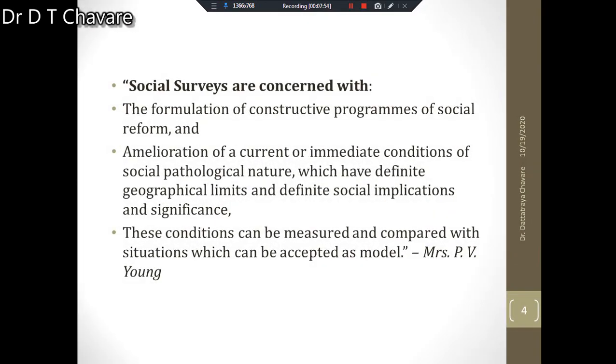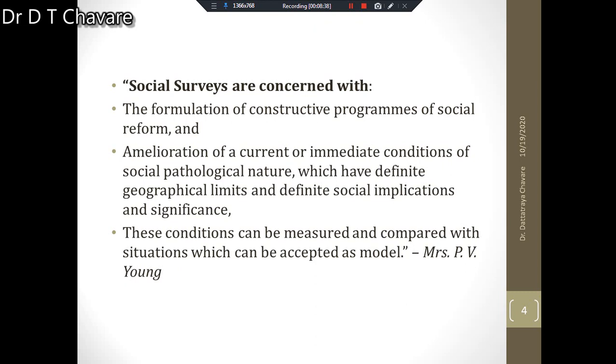Okay. Now, social survey is concerned with different things. According to Mrs. P.V. Young, she is going to say that social surveys are concerned with the formulation of constructive programs of social reform and amelioration of current or immediate conditions of social pathological nature, which have definite geographical limits and definite social implications and significance.